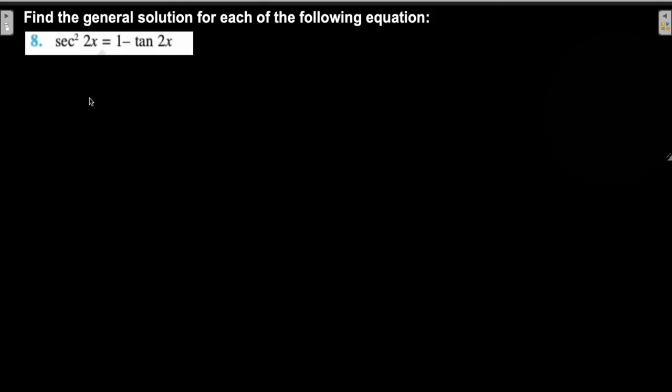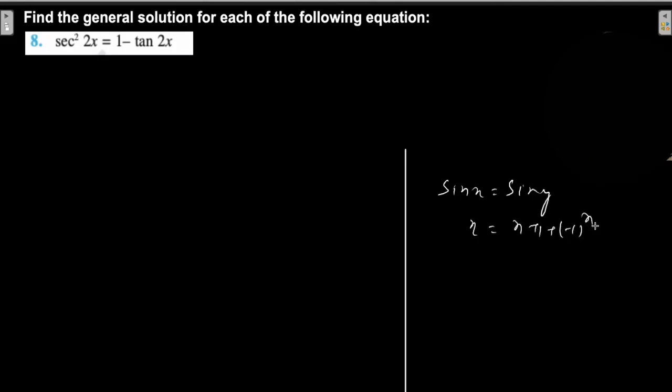So whatever we require in these questions, we will first write those formulae and then start working with the problem. Alright, so this is my first problem, and to start with the first problem, I will just go back and remember my theorems. So if we have to find out the general solution of this, we know that if sin x equals sin y, then my general solution becomes x equals n pi plus minus 1 to the power n into y.